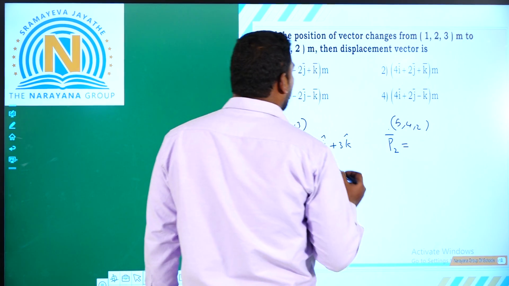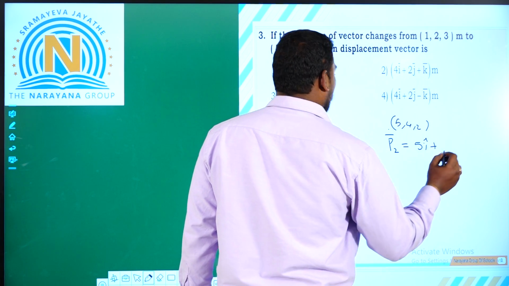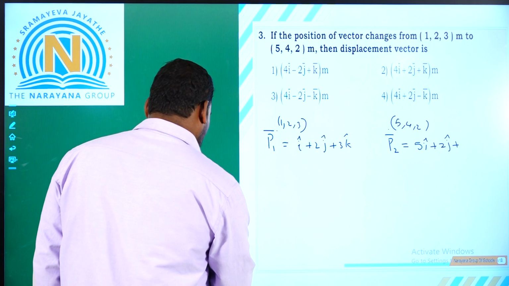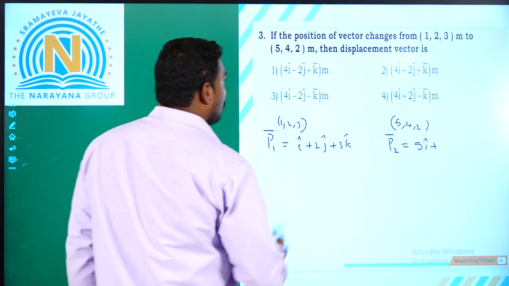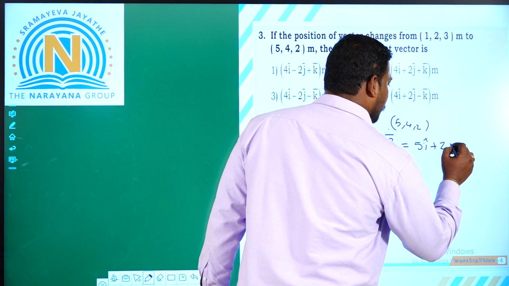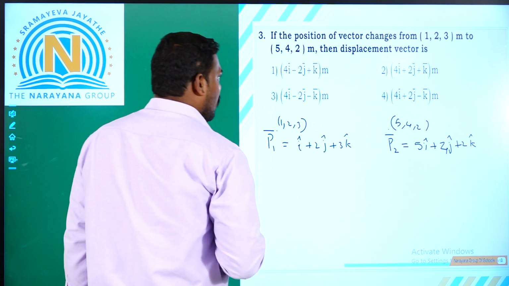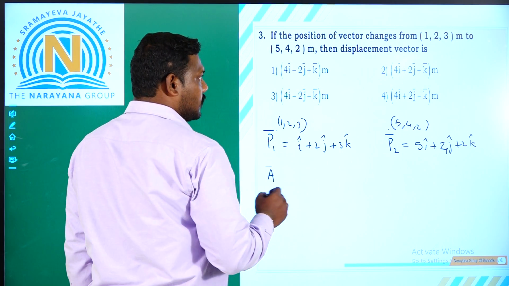So the vectorial representation would be 5 i cap plus 4 j cap plus 2 k cap.